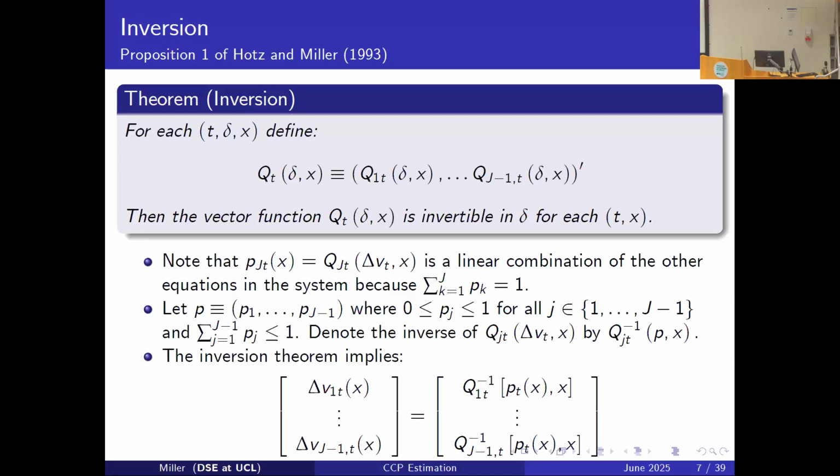Not surprising then, maybe, that this is invertible for each t and each x. And so that really means that instead of looking at deltas, we could look at p's, which is exactly what we did in the Rust problem just before break.